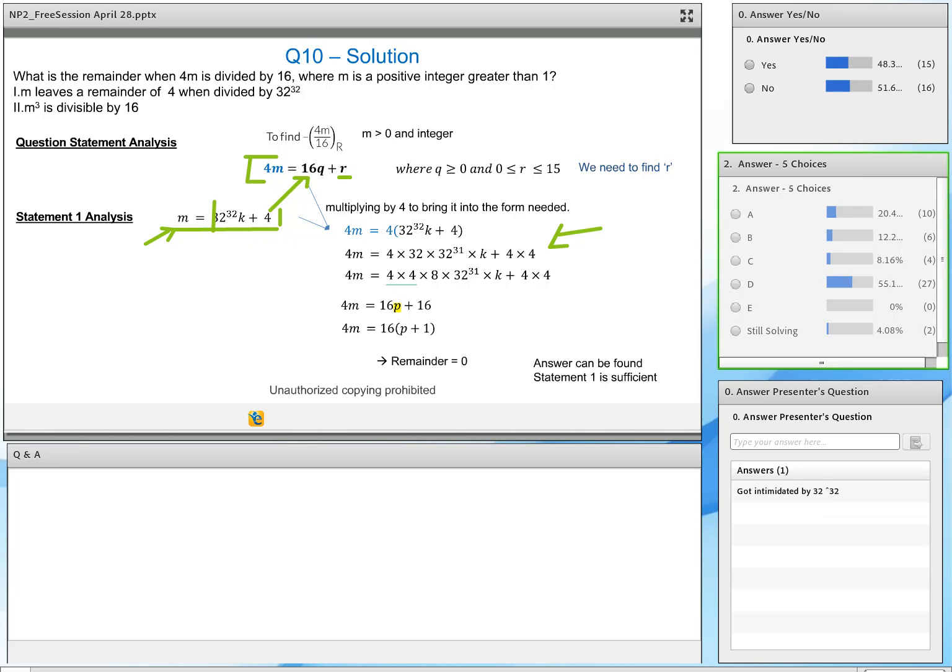Got intimidated by 32 raised to power 32. Okay, that's very frank. Thank you. What else? How did you solve statement 1? Marking answer was wrong, didn't multiply m is equal.